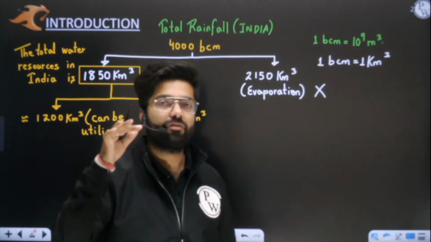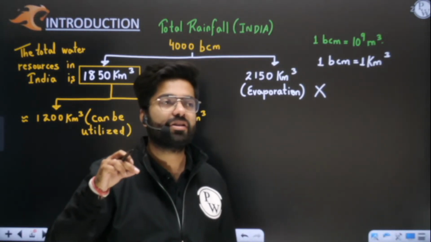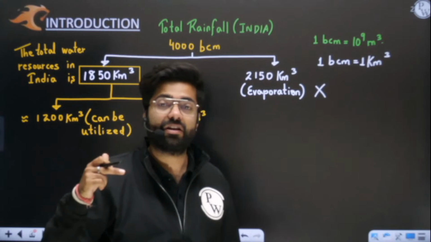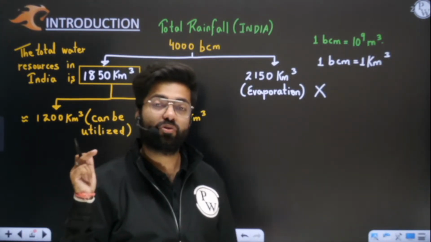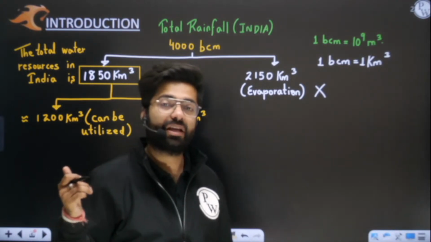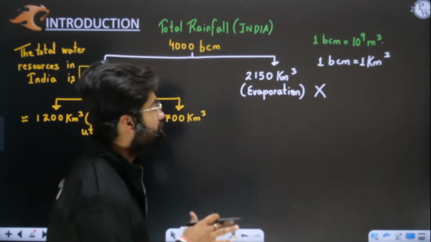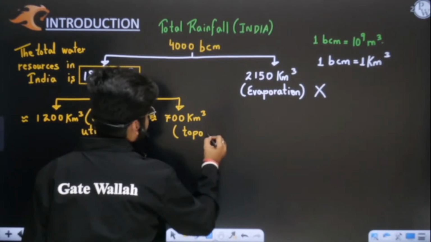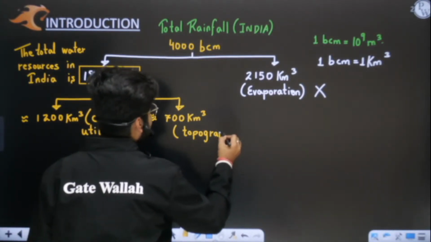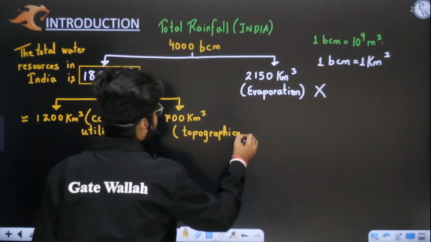Some water is going in that area where we cannot go. Those places are inaccessible. Those places are so remote that humans cannot reach there. Yes or no? So because of topographical constraints, or you can say because of inaccessibility, we will not be able to reach such places.